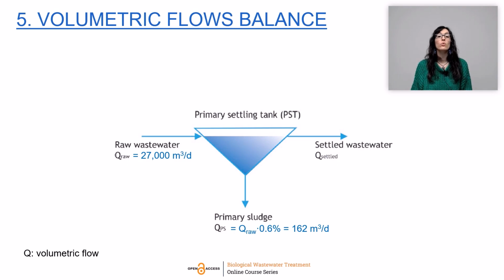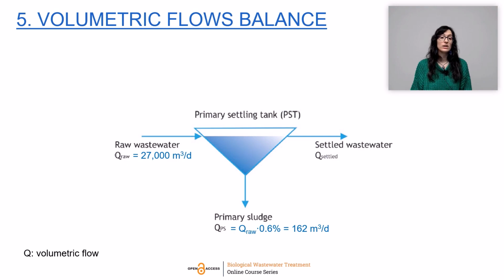And we also know what is the fraction of the wastewater that will go out in the primary sludge stream. And if we know this fraction, we can calculate what is the actual flow rate of the primary sludge. And this is basically all that we can calculate with the information given in this example.